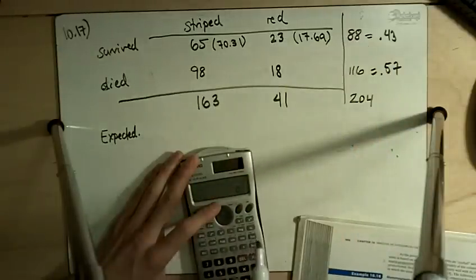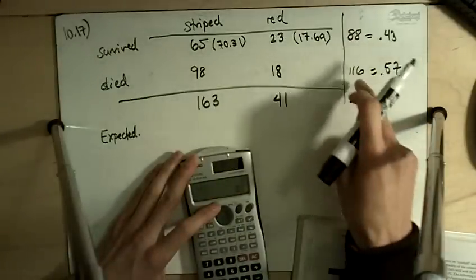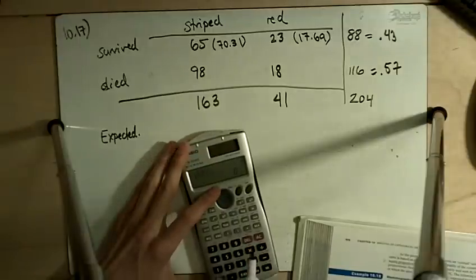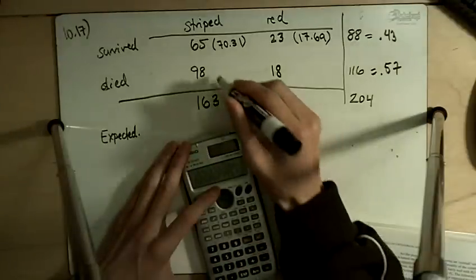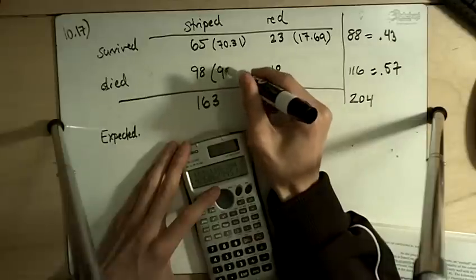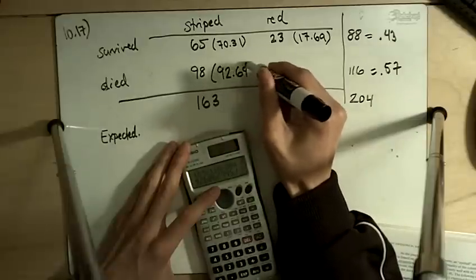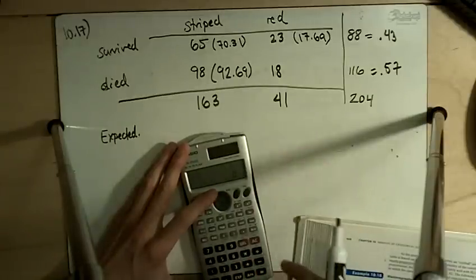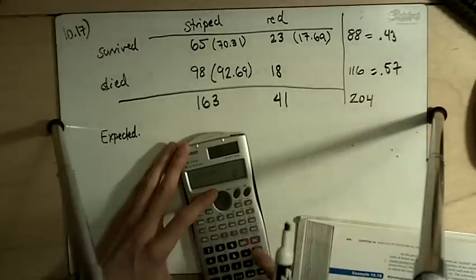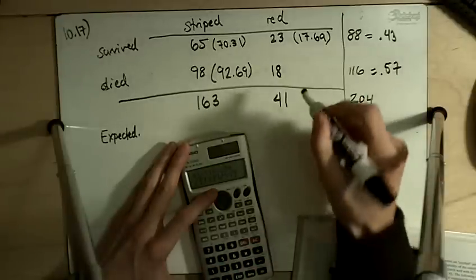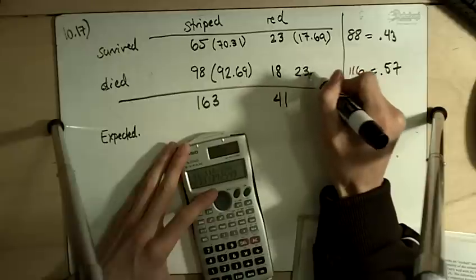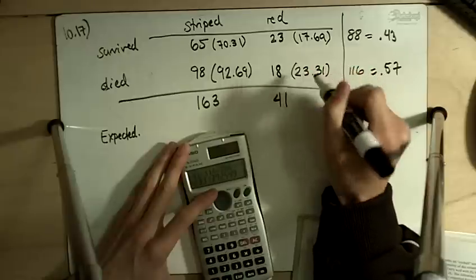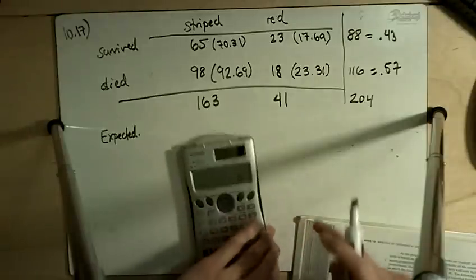Over here, 163 times 116 divided by 204, we're expecting 92.69 to die, and over here we would be expecting 41 times 116 divided by 204, 23.31 to die.